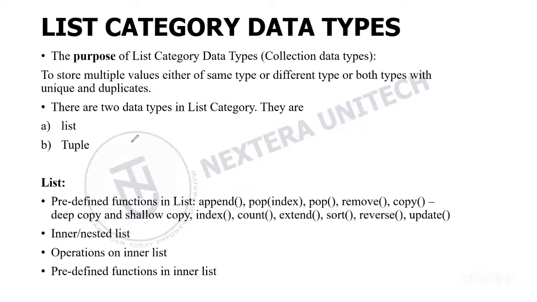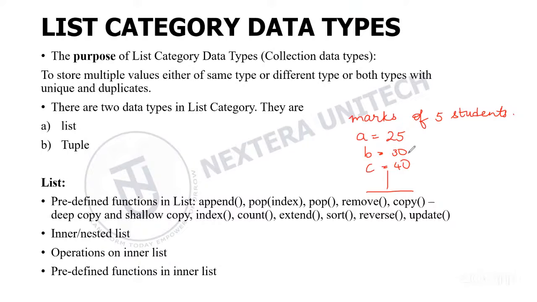Firstly, let me ask you something. If you want to store marks of, let's say, 5 students, will you create 5 separate variables like a equals 25, b equals 30, c equals 40, in that way? It is long.